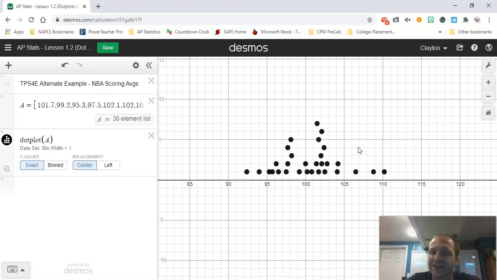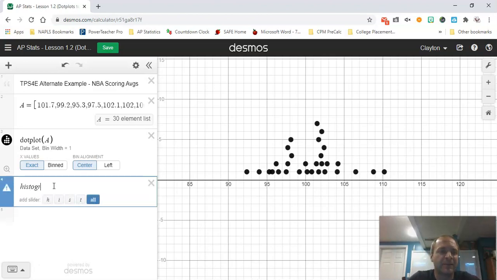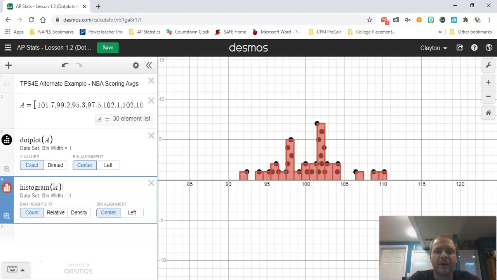And maybe I'm going to want to create a histogram for it. So I'm just going to go right here and type in histogram of A. Now you're looking at it and saying, well, that's a bar graph. It's not a bar graph because those bars are touching. That is still a histogram. The reason it looks like a bar graph is because my bin width, right here, is 1.